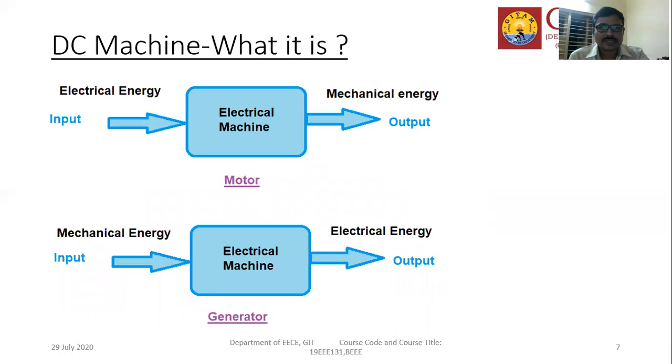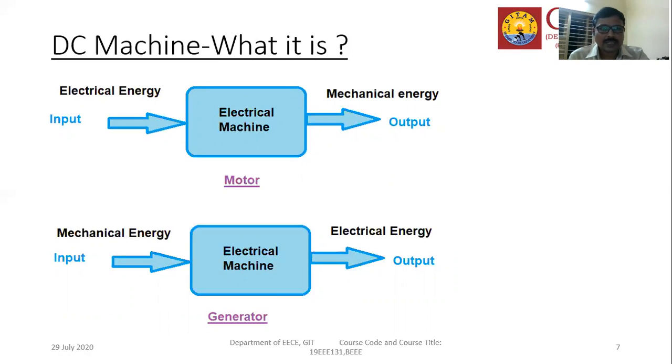So here we can see what a DC machine is. In simple form, a DC motor takes electrical energy as input and gives mechanical energy as output. That is what the first picture describes. In the second picture, for the same DC machine, you give mechanical energy as input and it gives electrical energy as output.